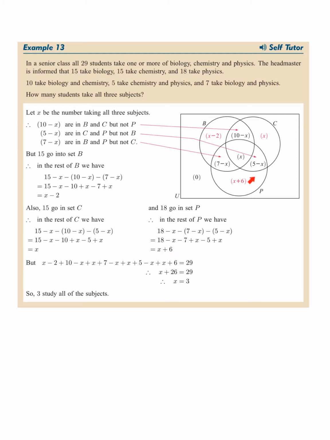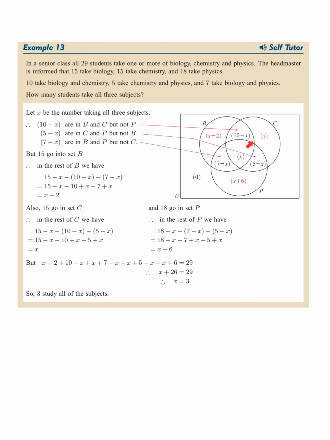Now they asked us, how many students take all three subjects? We want to find X. The way to find X is, we remember there's nobody outside the circles, we've got 0 here, so within all those circles, we should have 29. So that's the 29 here. And then we just use algebra and add up all these. We've got our X minus 2, that's from here. 10 minus X is from here.